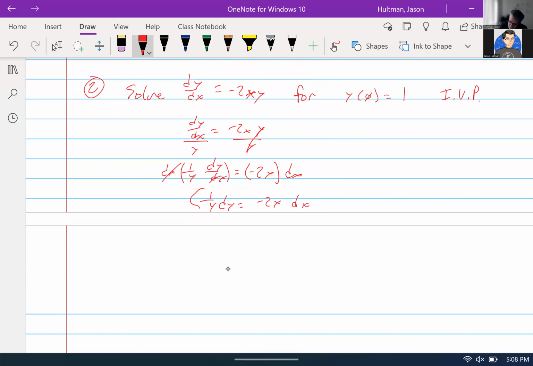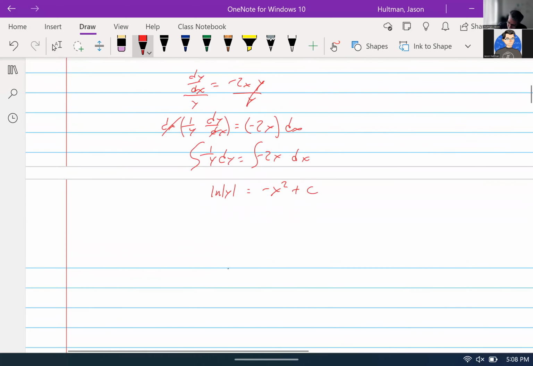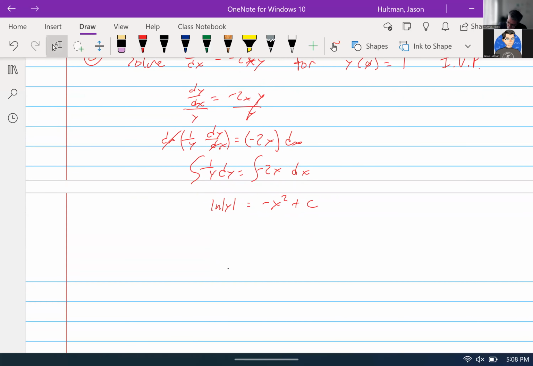Now we're going to want to integrate both sides. The integral of 1 over y is natural log of the absolute value of y. This again is going to give me negative x squared plus c. I'm going to call this c1 because the next step I want to raise both sides to the base e, and that's going to cancel the natural log.